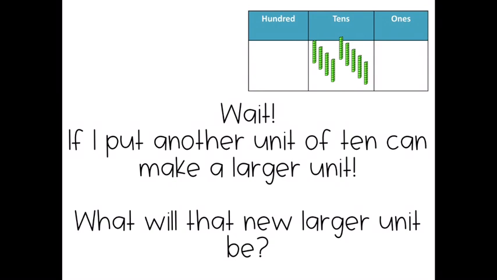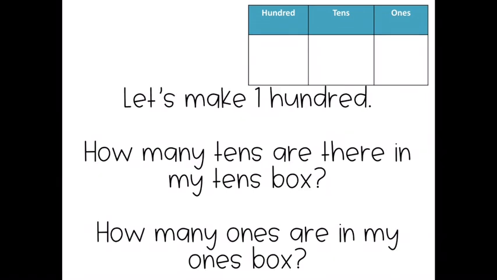If I have 10 tens, can I bundle that together to make a larger unit? Yes. What will be the next larger unit? If you said hundreds, very good. 10 tens get bundled together to make 100.